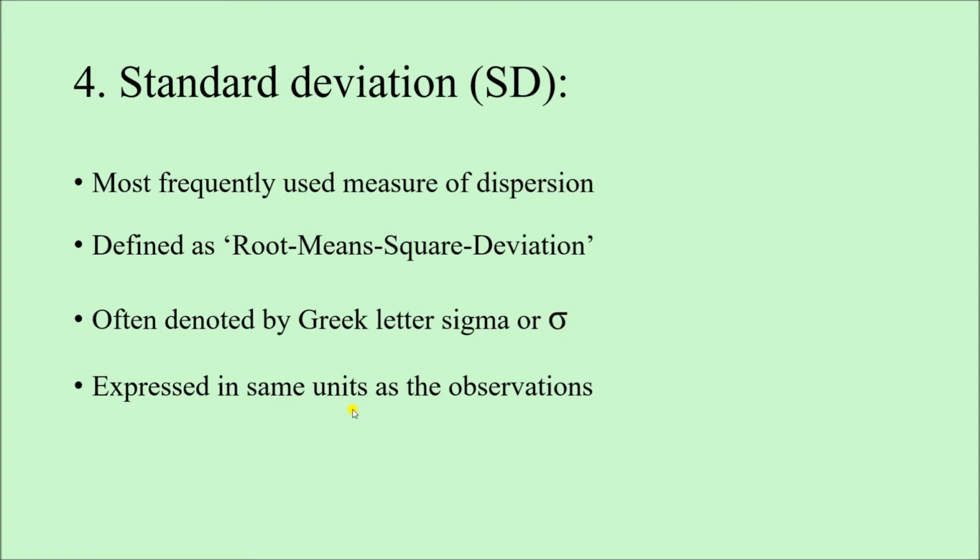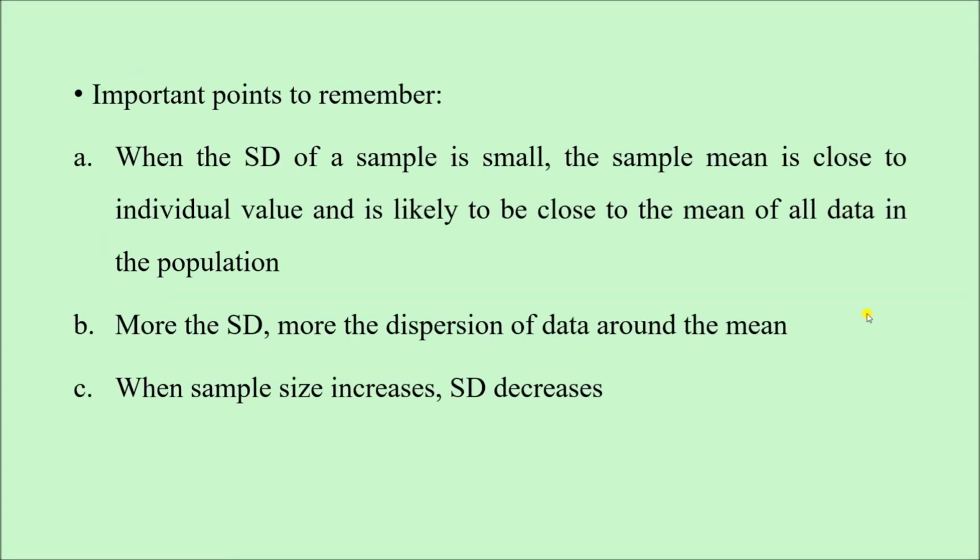It is expressed in the same units as the observation. So whatever units the observations have, the standard deviation will also have the same unit. Certain important points that we should remember: if we take a sample and the observations from them and the standard deviation is measured, if we find that the standard deviation is very small, that means the values of the observation in the particular sample are very close to the mean value.